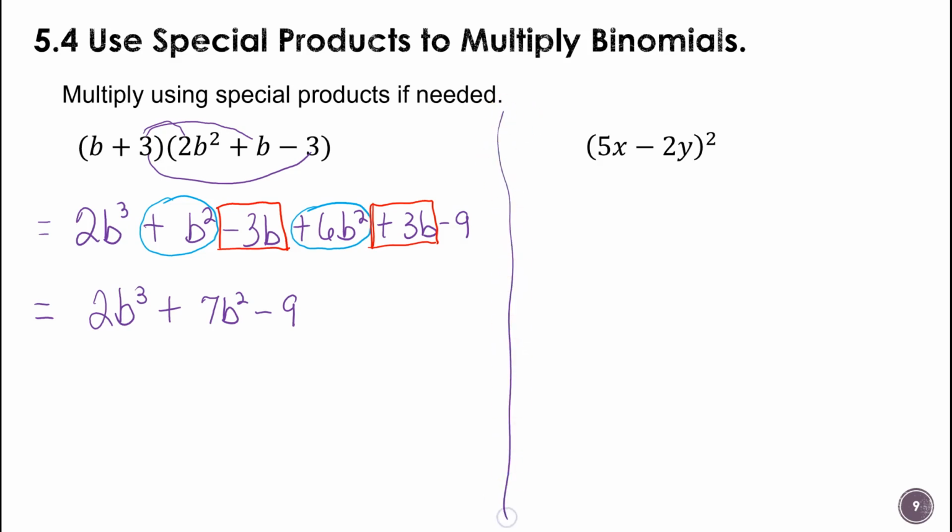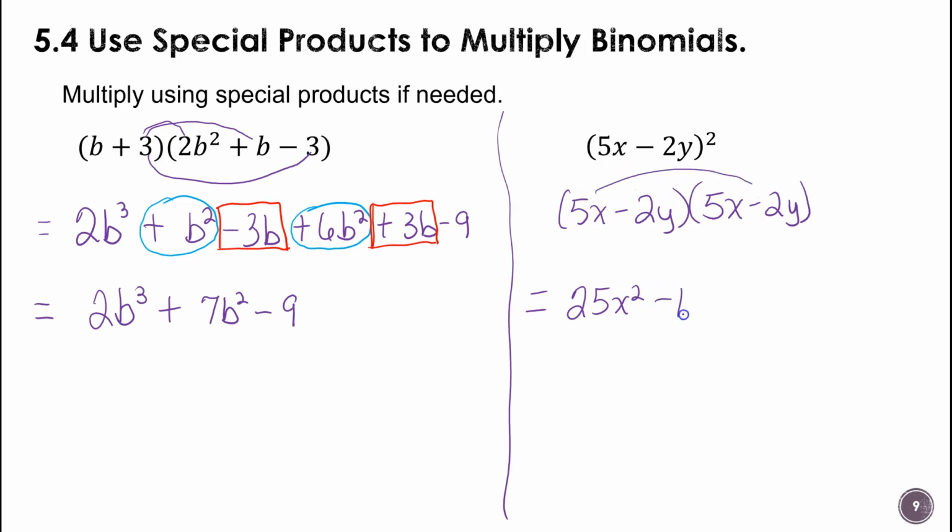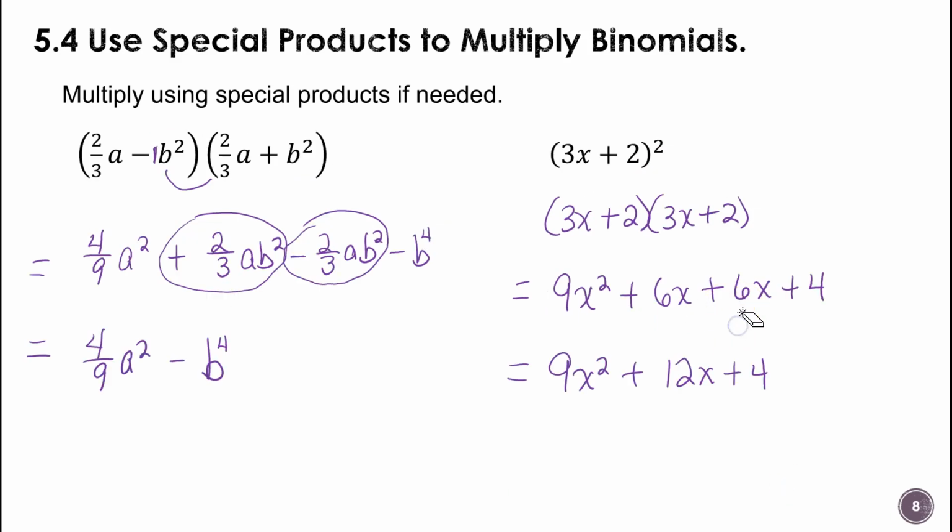All right, so on this one, I'm just going to go ahead and write it out. And then we'll multiply. Okay, so we're going to take 5x times 5x, and that's 25x squared. 5x times negative 2y, so that's negative 10xy.